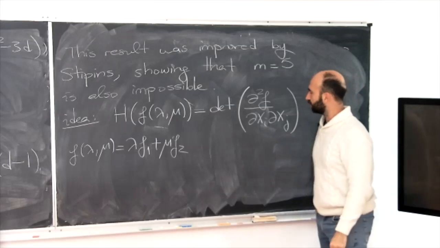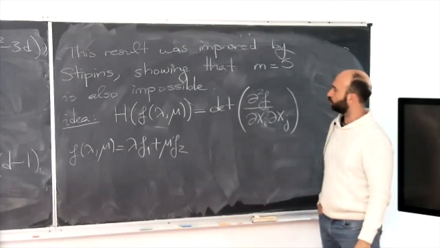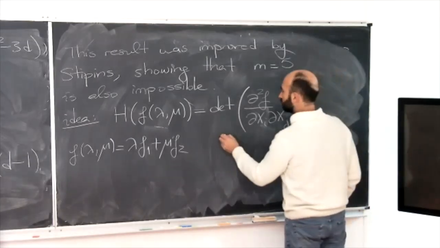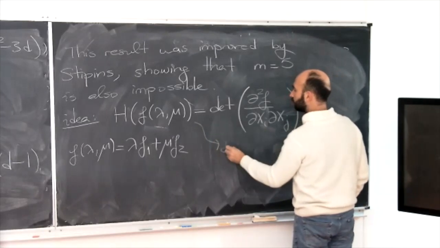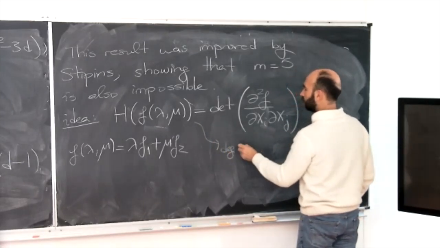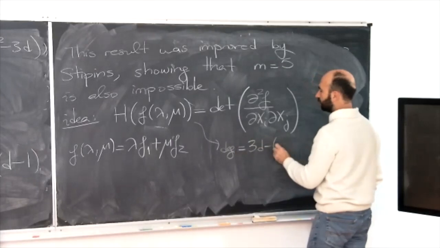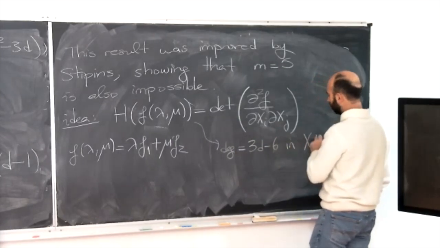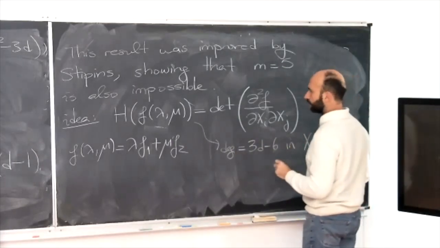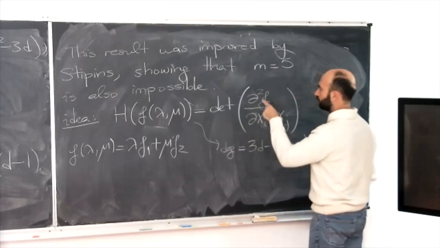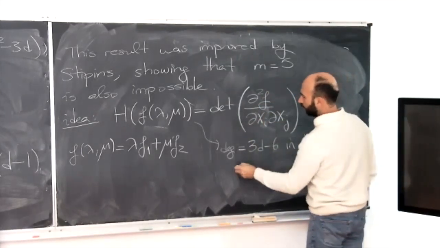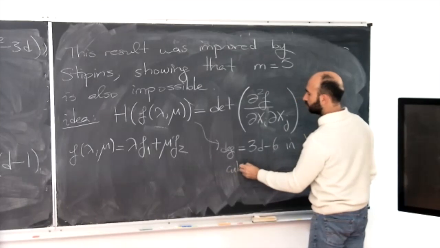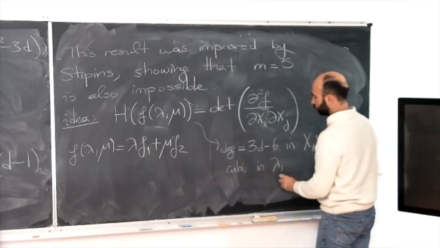Now, if f is of degree d, this is a rather high degree curve. So this h gives you some degree 3d minus 6 in x, y, z. And the lambda and mu also appear 3 times in this determinant, so cubic in lambda and mu.